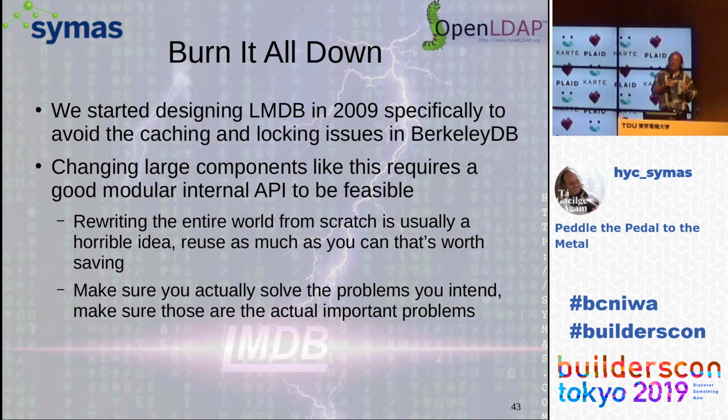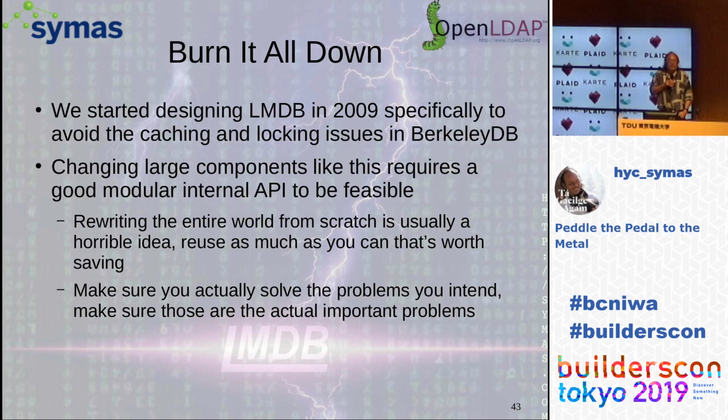And then we had to put our own lock manager on top to maintain our cache. And so everything just got far too complex and far too slow. So in 2009, we started looking at designing our own database layer, and specifically because of these caching and locking problems in Berkeley.